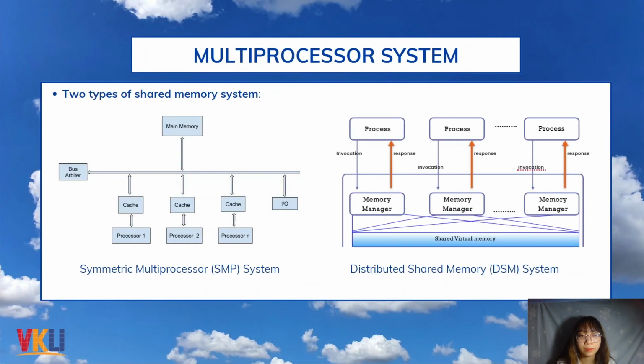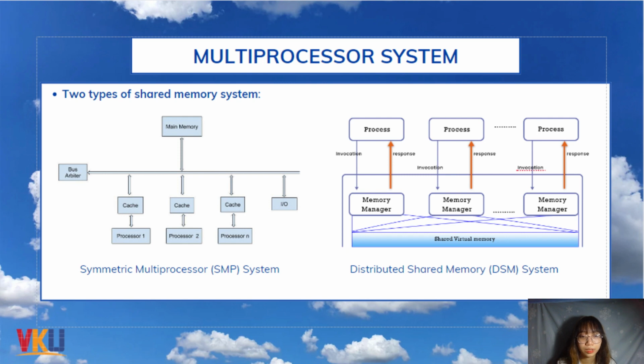There are two common types of shared memory system. One is the SMP, which stands for the symmetric multiprocessor system, and the other is the DSM, which stands for the distributed shared memory system.